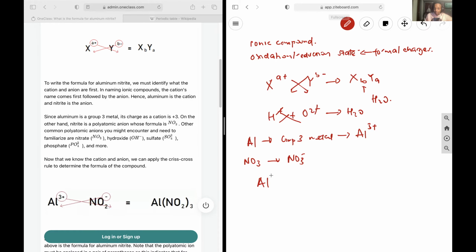So when you combine those two, we're just going to crisscross it like that. So Al will have a 1 here, and the 3 is going to apply to the entire thing, not just the oxygen, so that it doesn't become NO6. It's going to apply to the entire thing. So it's going to become NO3, 3. And so let's just write that up here.